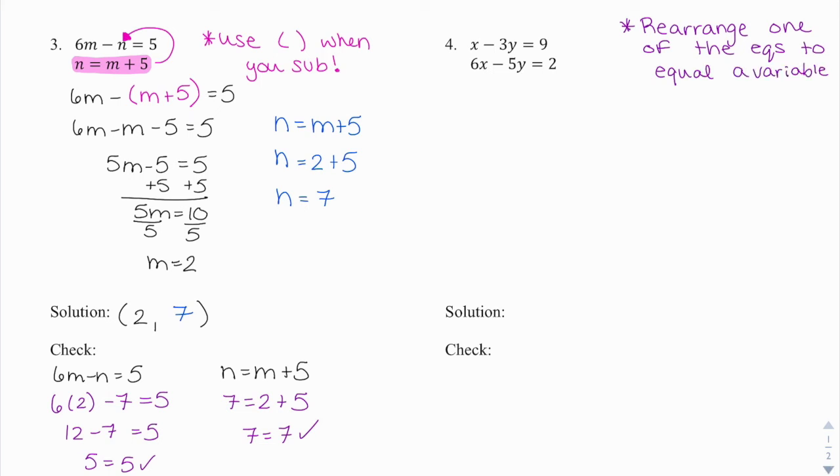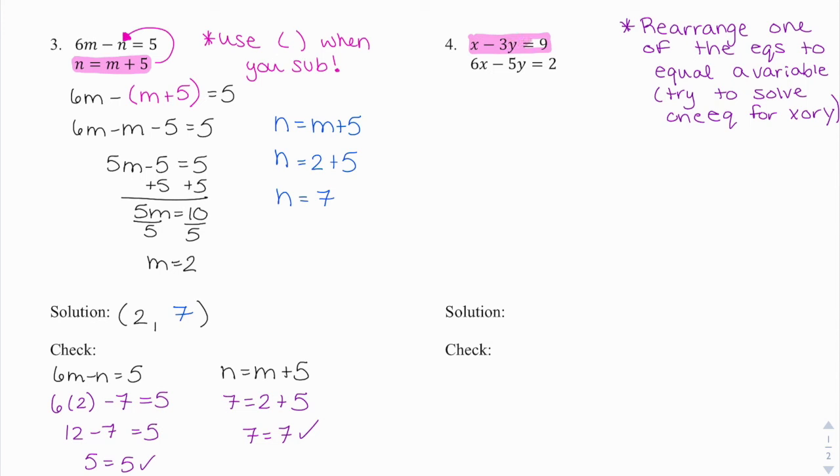Usually you're going to try to solve one equation for x or y. Those are the most common variables we use. You don't always want to solve for y. Sometimes it's more difficult to solve for y.